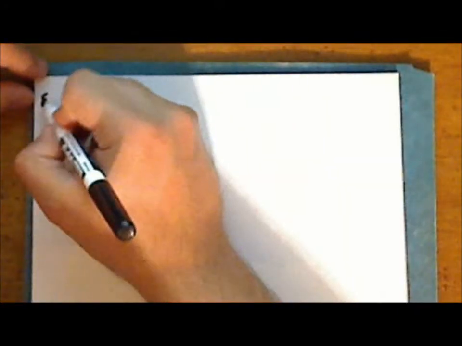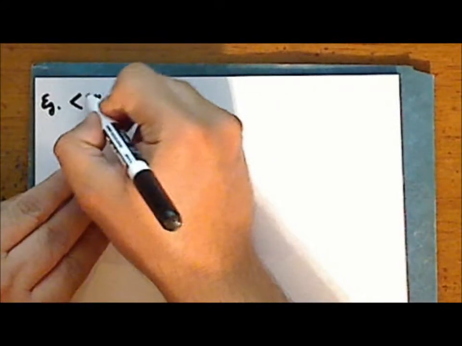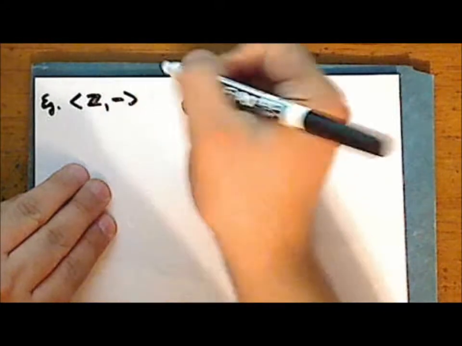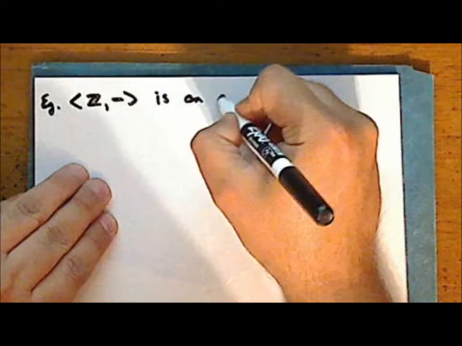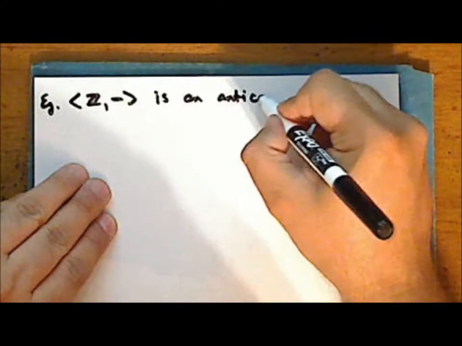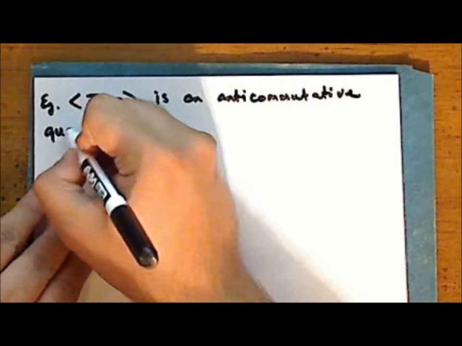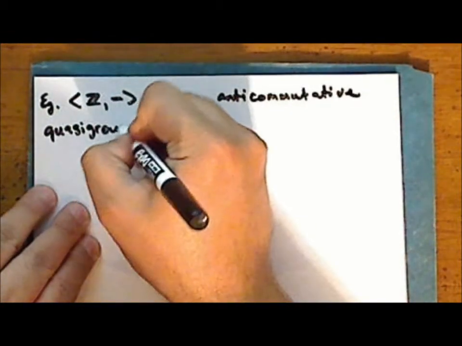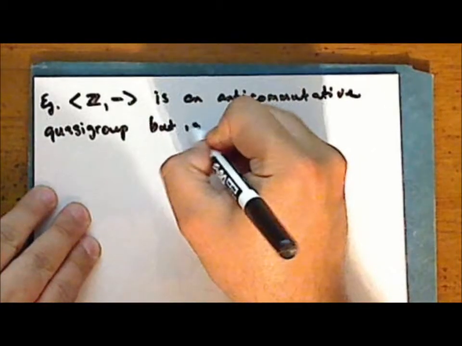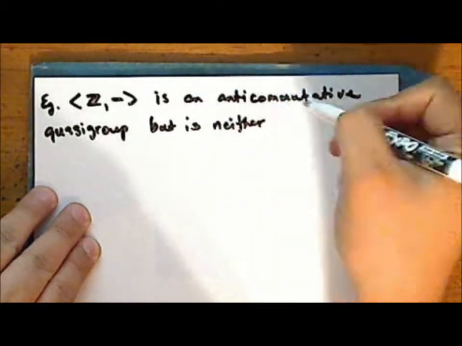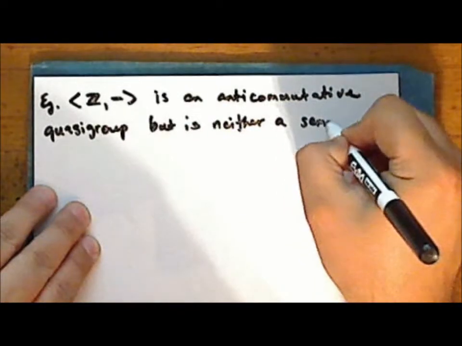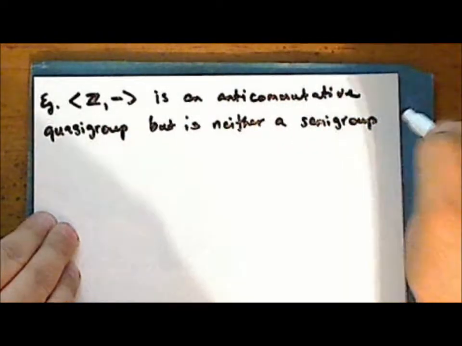Okay, so now we'll begin to look at some examples. So first, we will show that the integers under the operation of subtraction is an anti-commutative quasigroup but is neither a semigroup nor a loop.